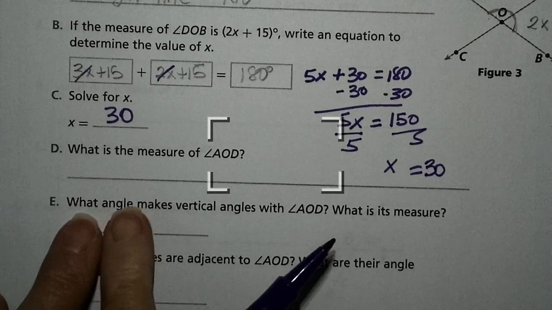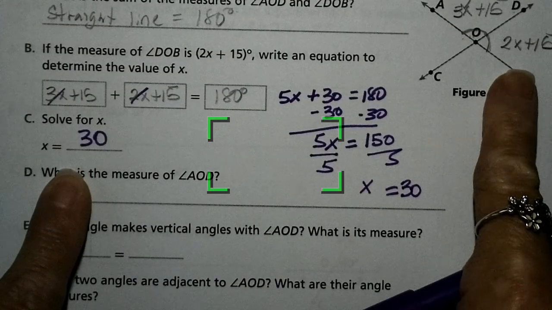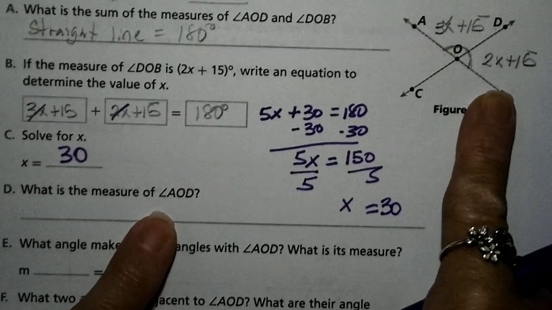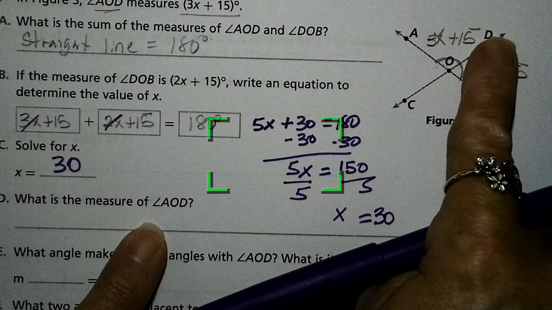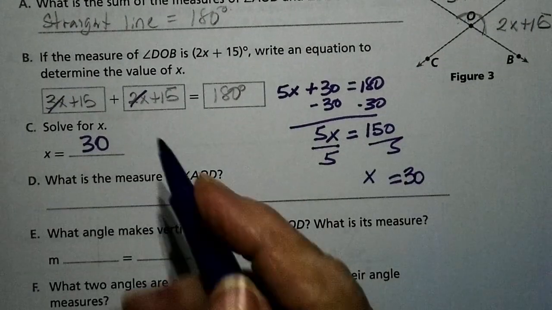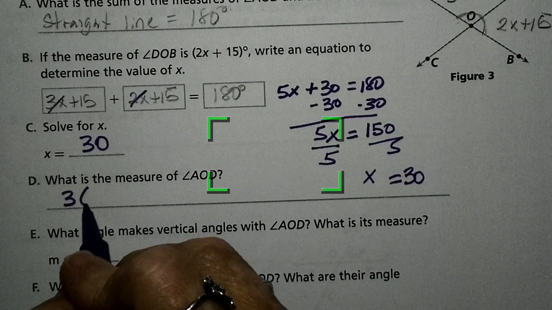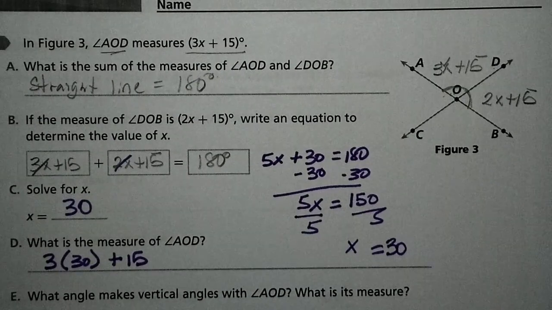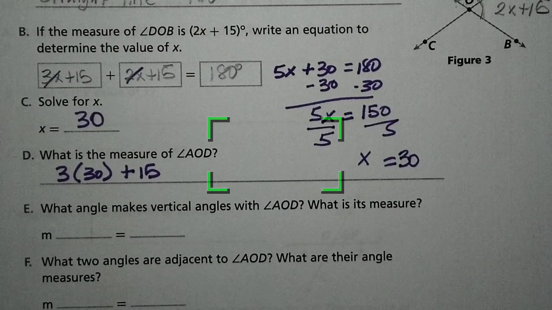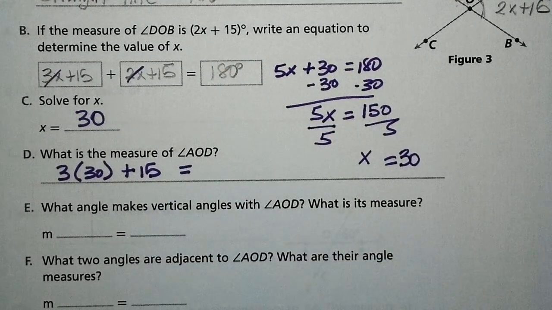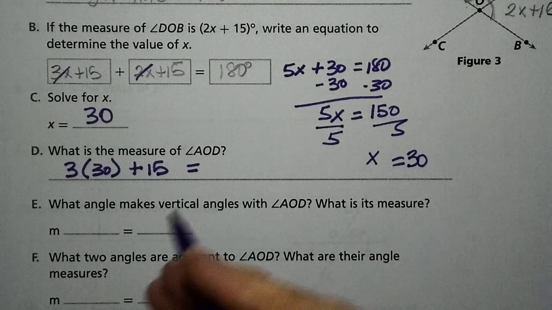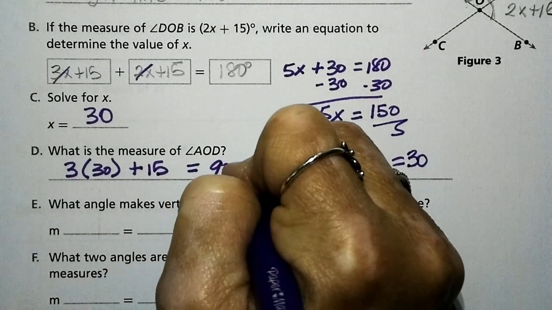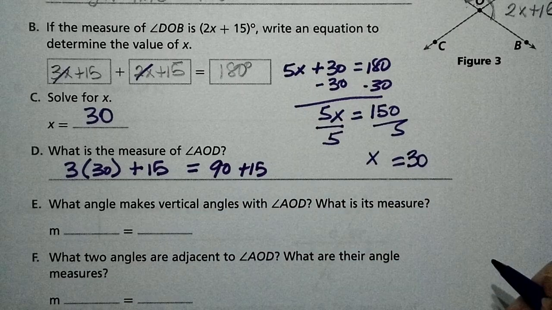So now they want you to take that 30 and substitute it back in. So AOD, this equation right here. So 3 times 30 plus 15. So 3 times 30 is 90.